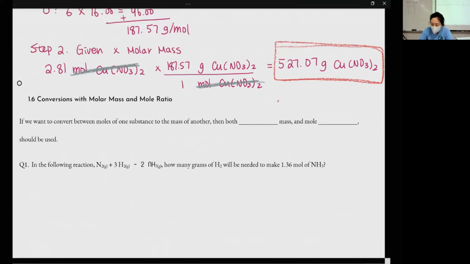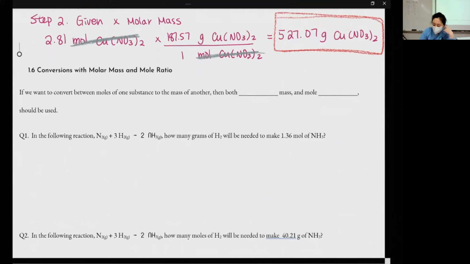All right, so now we are going to merge these two skills, converting with the molar mass and converting with the mole ratio. It says if we want to convert between moles of one substance to the mass of another, then both the molar mass and the mole ratio should be used.